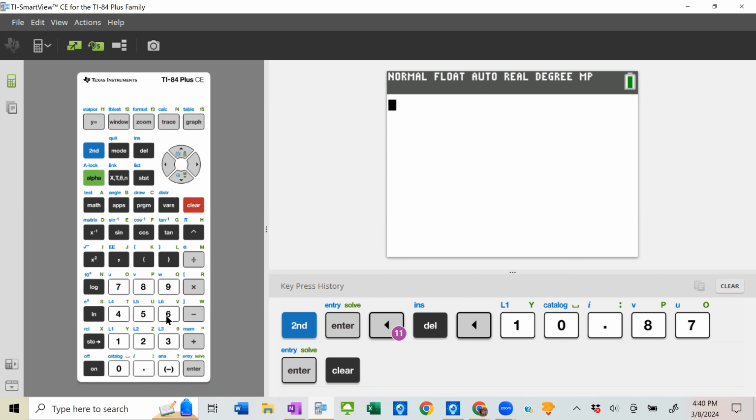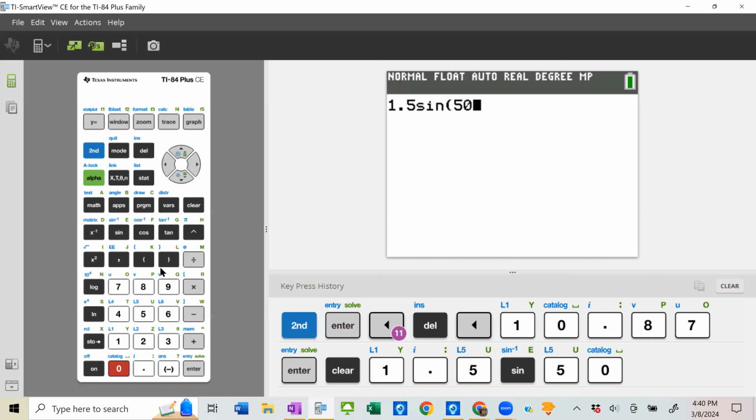So that's going to be 1.5, which is our 3/2, times sine of 50, so 1.149 equals sine of A. And if you're paying close attention, you might see a problem.